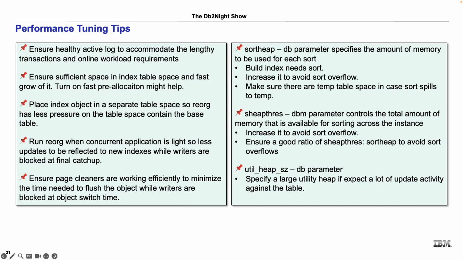Turning on fast pre-allocation may help here, okay? The next is to consider placing the index in a separate table space to reduce contention with the base table. Like mentioned before, indexes for allow read and allow write build a shadow in the same table space, okay?